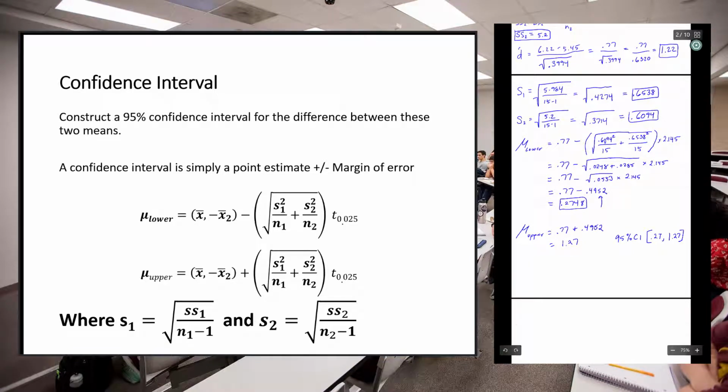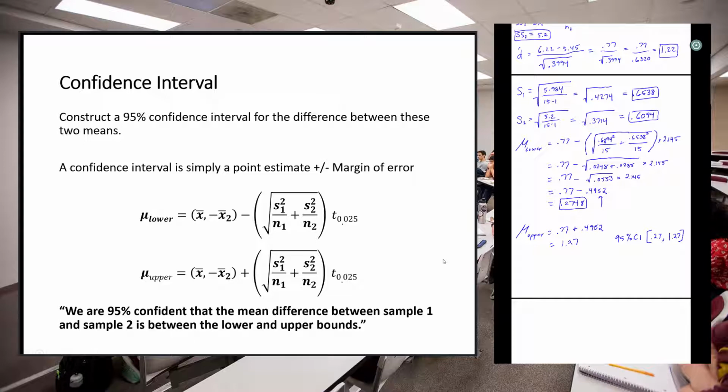So we have computed our effect size. We've computed our confidence interval. Now we can say with this confidence interval that we are 95% confident that the mean difference between sample 1 and sample 2 is between the lower and upper bounds of this confidence interval.